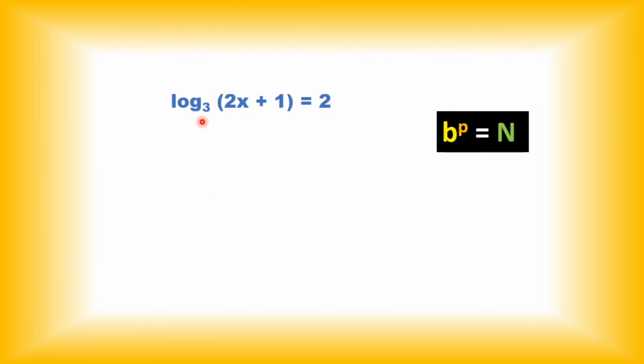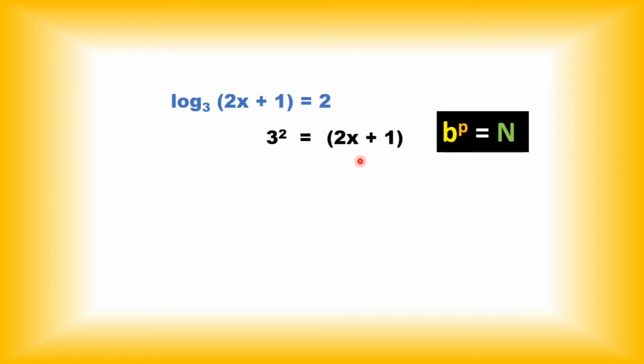Log base 3 of the quantity 2x plus 1 is equal to 2. Change it to exponential form. So we have 3 to the power of 2 is equal to the quantity 2x plus 1. We have here the equation.